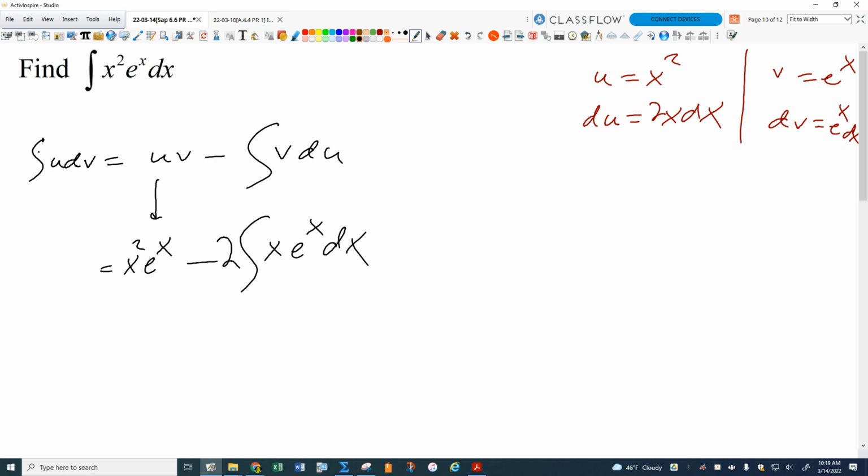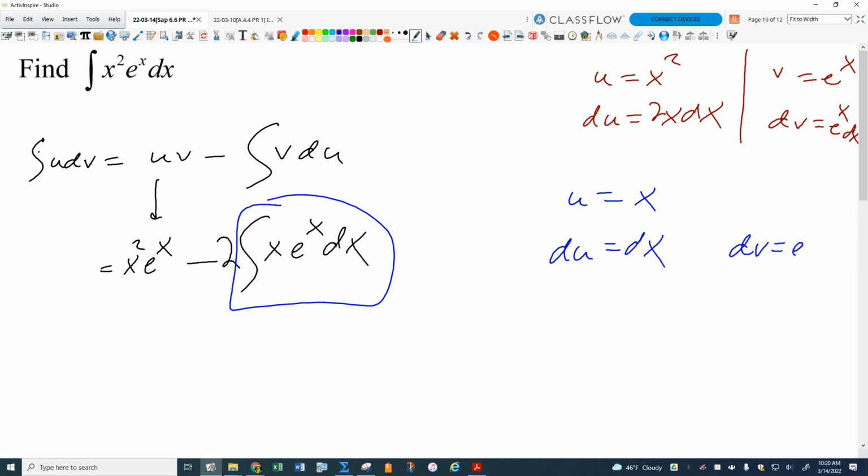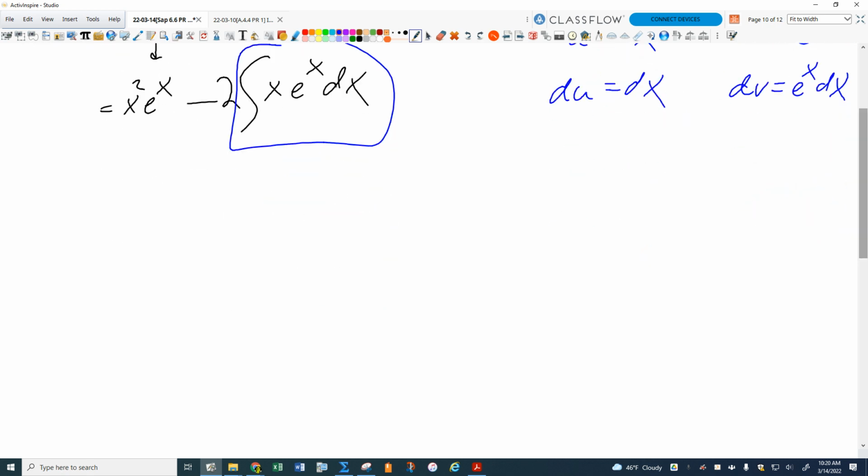But couldn't I just do integration by parts again? But it's an easier integration by parts, right? So we would just go again with everything inside the blue box just to do that integral. We would say u equals x, so du equals dx. dv equals e to the x dx, so v equals e to the x, and look what we get.